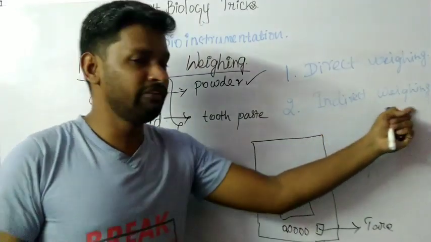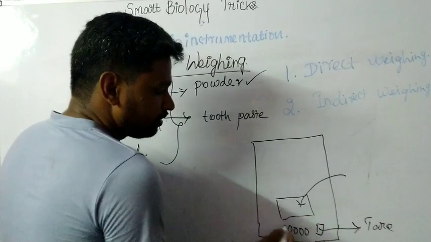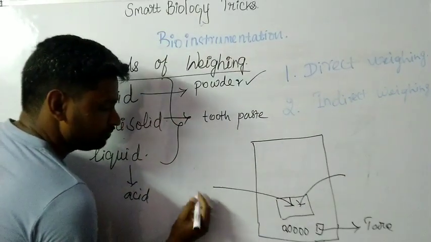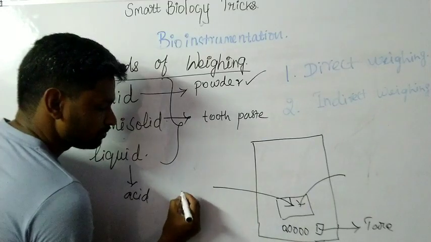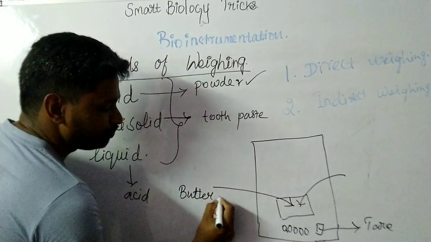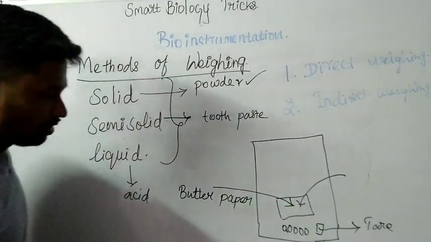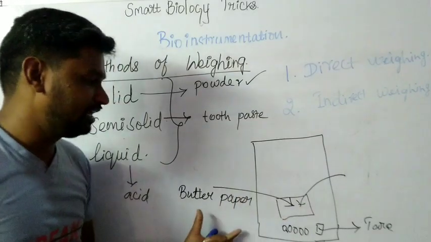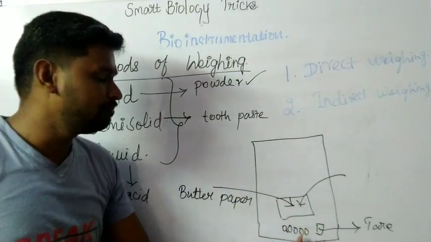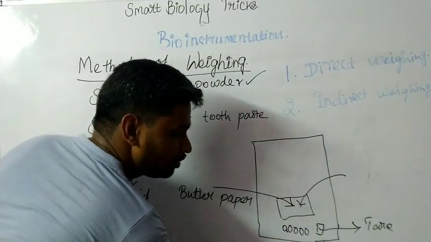Whereas in indirect measurement, first you keep the butter sheet on the pan. After keeping the butter sheet or any object, its measurement is displayed, for example 0.0100.